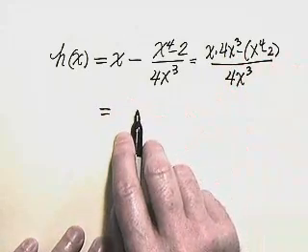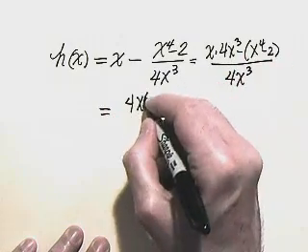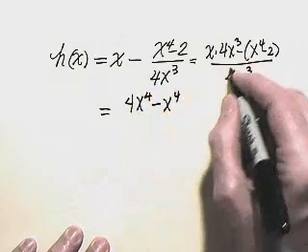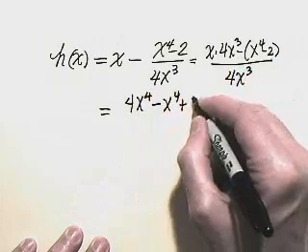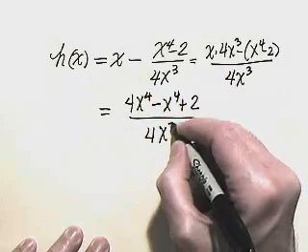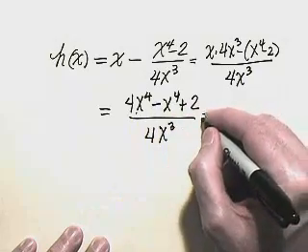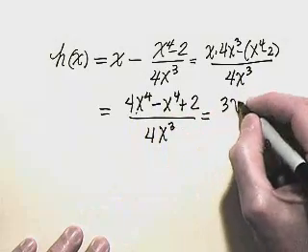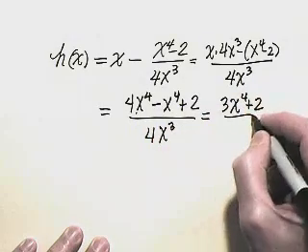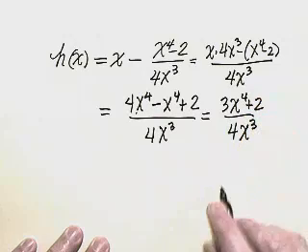That's equal to 4x cubed times x is 4x to the fourth minus x to the fourth minus a negative 2 is plus 2, all divided by 4x cubed. So 4x to the fourth minus x to the fourth is simply 3x to the fourth, and we end up with 3x to the fourth plus 2 divided by 4x cubed.